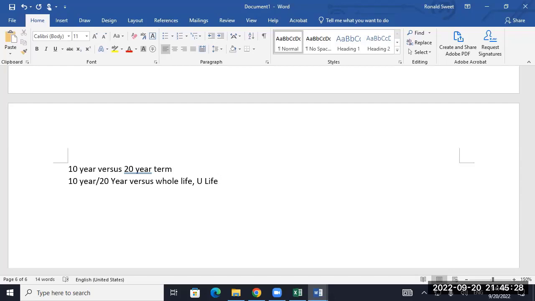Let's see. Whole life is cheaper? We'll see. I'm going to argue U-Life's going to be cheaper because the crediting rate's going to be higher. With whole life, they have to give you a fixed credit rate for the whole life of the policy, so they're going to undersell that a little bit. If they're making 5% on their portfolio, they're not sure they're going to make 5% going forward.